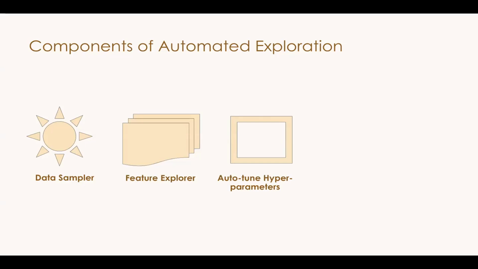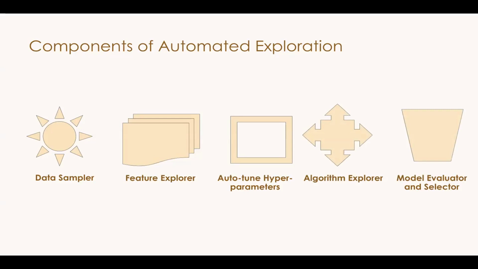Fourth, Algorithm Explorer to explore various algorithms such as linear model, tree-based model, or deep neural network models. And finally, a model selector component to select candidate models based on offline objective of the problem, such as AUC, NDCG, etc. Now I'll hand over to Jun, who will go deeper into each of these components. Jun, take it away.